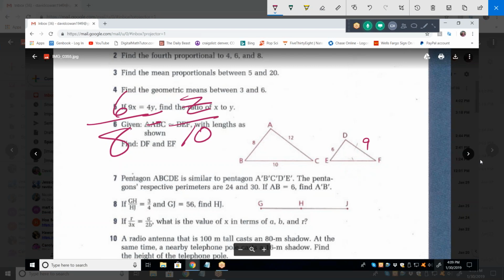You can also say, let me start again. If that 9 is in there, and I call that Z, then I know 6 is to Z as 8 is to 10.